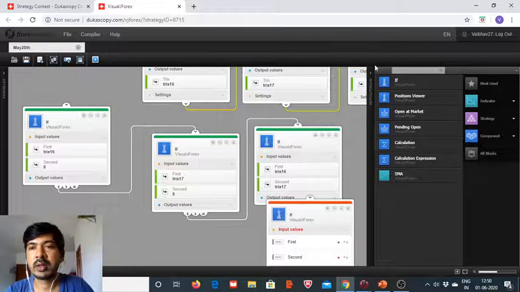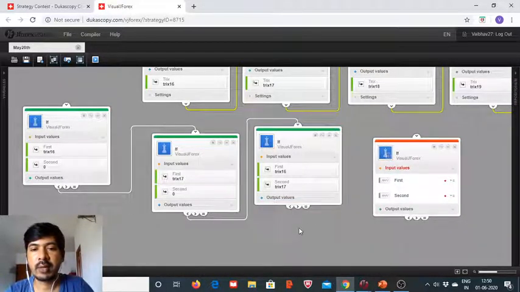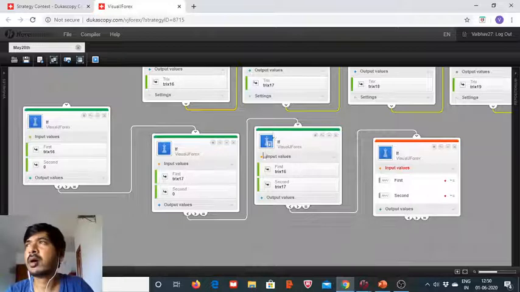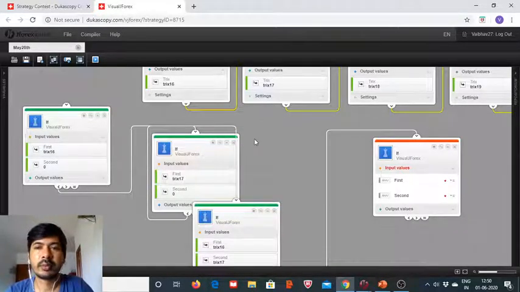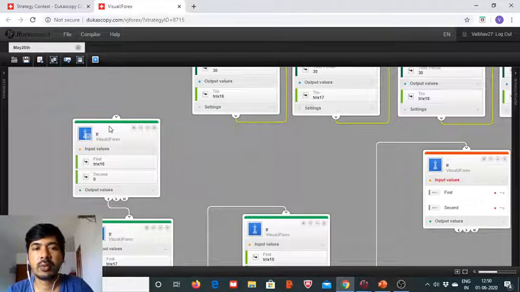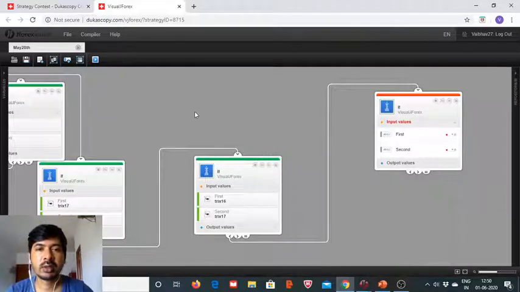That means TRIX 16 is less than TRIX 17. So here first input is less than the second input. Now we have defined the hourly conditions.